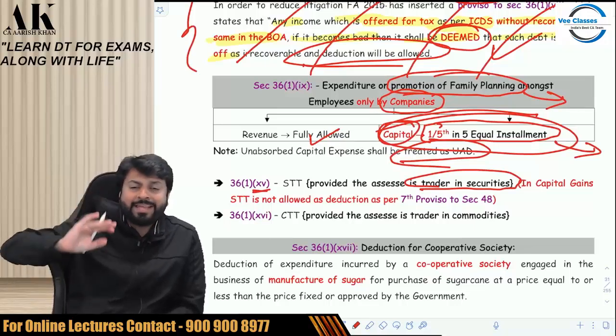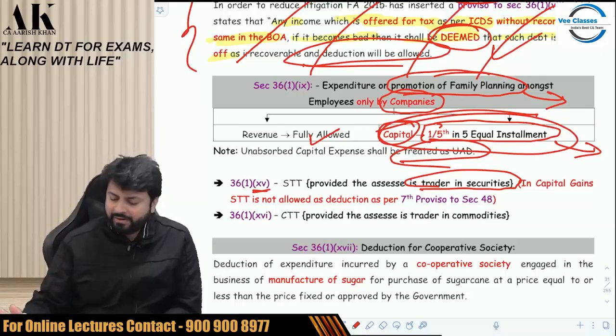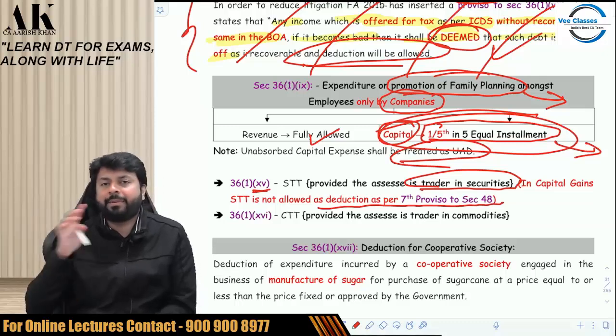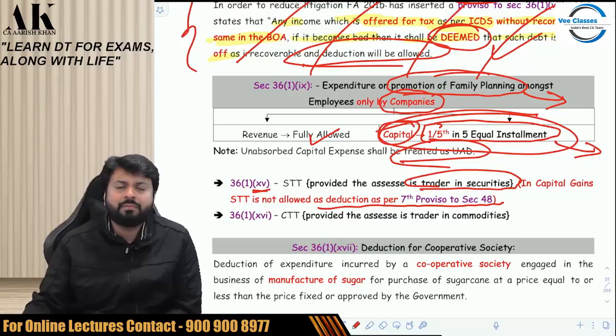But remember, in capital gains, you do not get deduction of STT. Do you remember that? Even if you don't remember, I have put a cross linking over here of the chapter of capital gains. Whenever we do capital gains, we'll talk about that. But I have done just a cross linking of the topic. Okay. So if you are making payment of STT, it is not allowed as deduction.